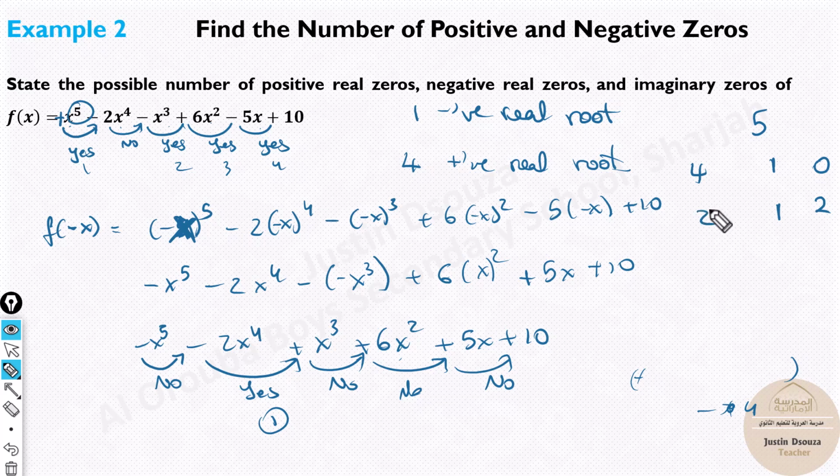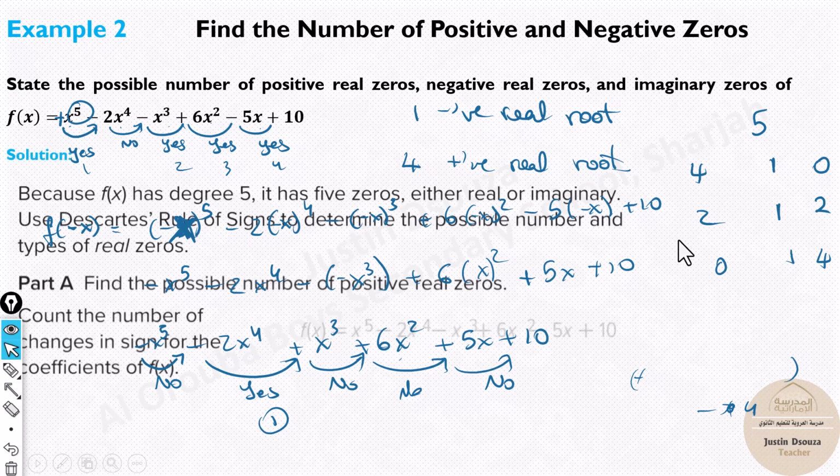And then what can happen? This can be 4, this has to be 1, 0. So these are the possibilities. So you can have maximum of 4 real roots, maximum of 1 negative real root, and maximum of 4 imaginary solutions. So that is the thing.